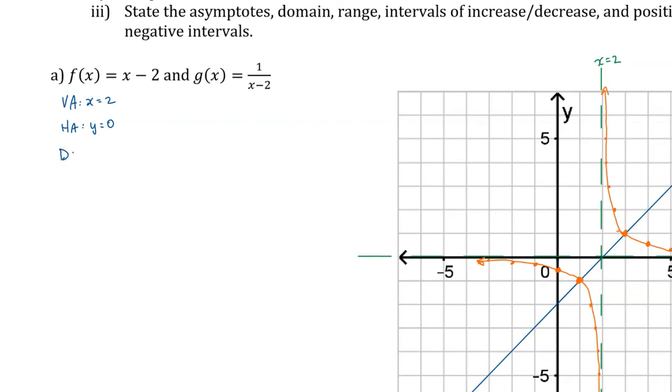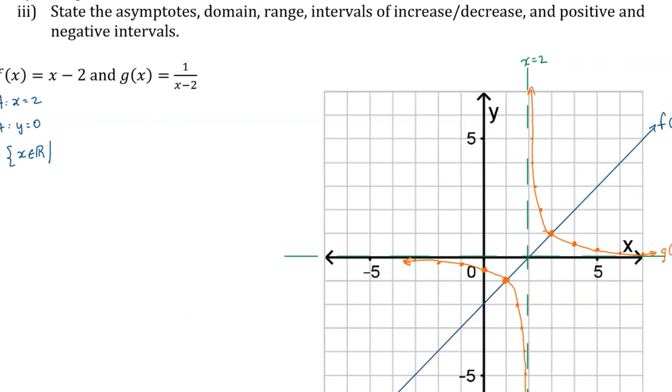Domain, x is an element of the real numbers such that, anybody remember how to do this one? You did this in grade 11. Yeah. X does not equal 0? Not 0, though. Or 2. X not equal to 2. It can be everything but 2.